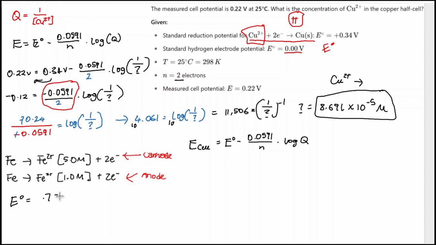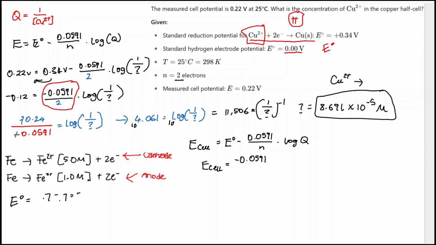So 0.7 minus 0.7 is 0, and this part of the equation would just be 0. Then the Ecell is equal to negative 0.0591.